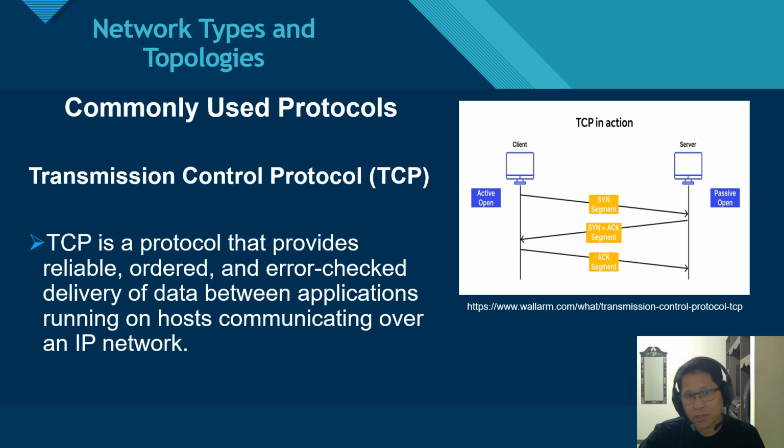TCP establishes a connection between two endpoints and manages the flow of data between them by dividing large data streams into smaller packets, tracking packet delivery, and resending lost or corrupted packets. So this is TCP in action here.